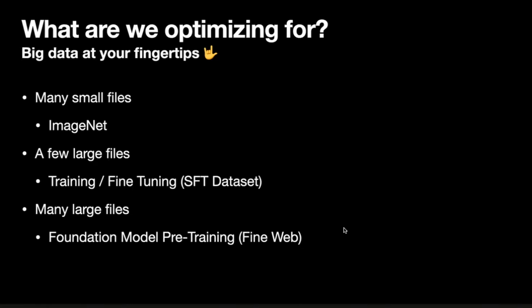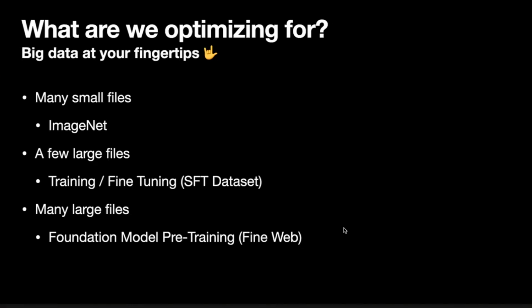Or you might have many large files, which is if you look at any of the data sets that go to train the foundation models, like the models before ChatGPT, that might be 45 terabytes of text data split out and sharded over a bunch of binary Parquet files.